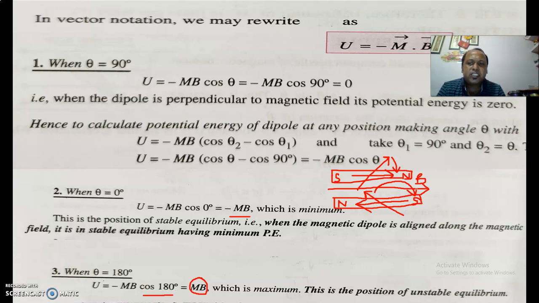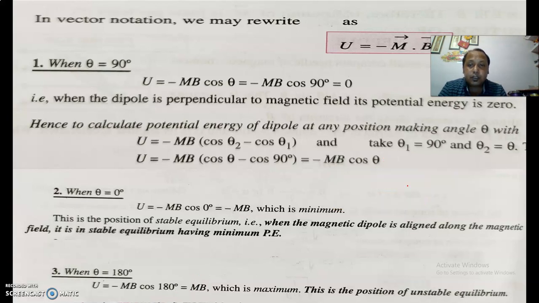But in case the orientation is 180 degree, then it is the unstable equilibrium where the value of potential energy is maximum, and if you disturb that position, then it will not come back to the unstable equilibrium, but will in fact go to the stable equilibrium position. So I hope this is very clear to you.